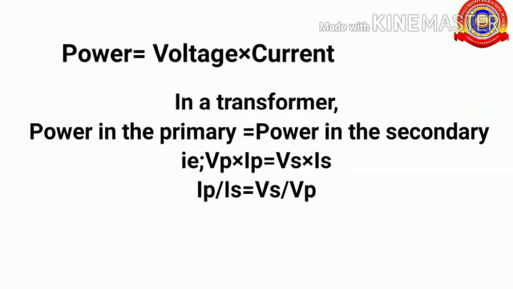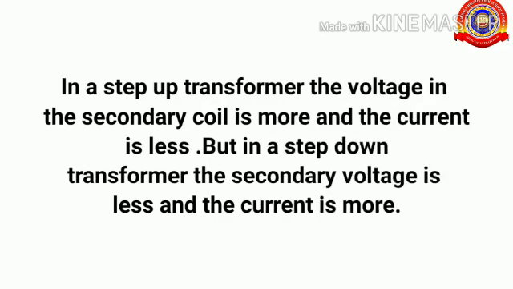By rearranging this equation, we get Ip/Is = Vs/Vp. In a step-up transformer, the voltage in the secondary coil is more and the current is less. But in a step-down transformer, the secondary voltage is less and the current is more.